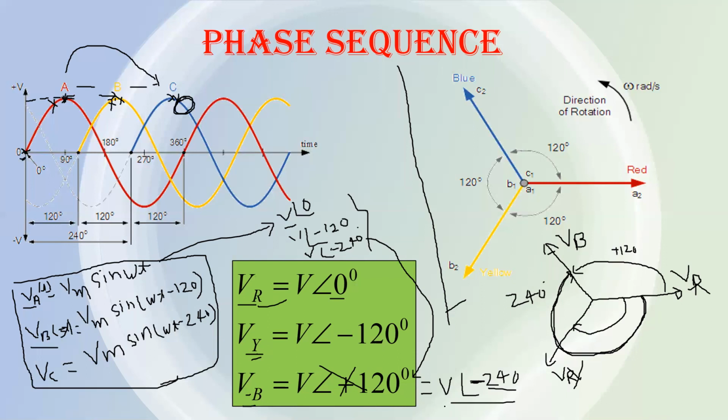That is why minus 240 can be written as plus 120. So please do not confuse these two. Minus 240 is the same as plus 120. Similarly, minus 120 is the same as plus 240. You must remember this. So this is the meaning of phase sequence, and this is the phasor diagram.